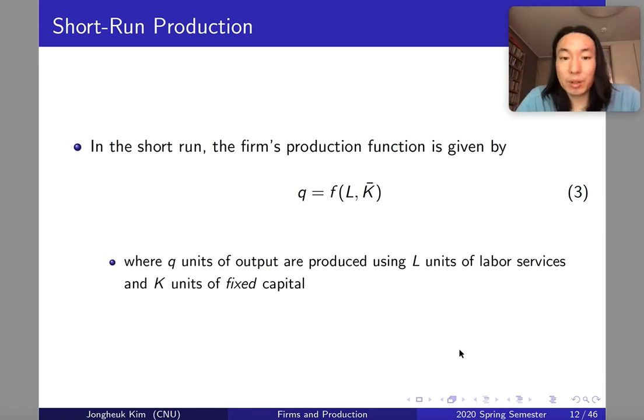But we can still control the amount of labor input L freely from 0 to infinity, if we hire an infinite number of workers. But we cannot control the physical capital K in the short run in equation 3. In the example of the chicken restaurant, you cannot expand your business in the short run.